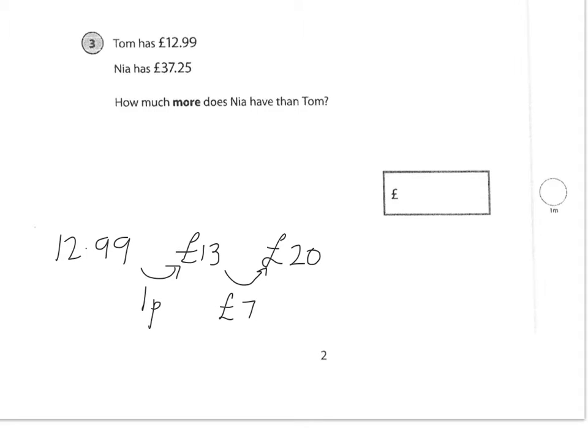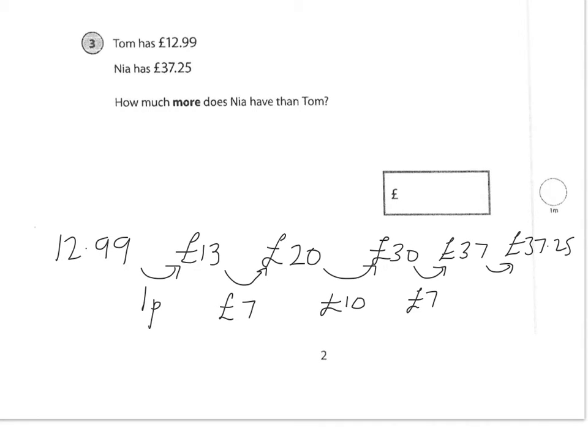If I want to go to a number reasonably close to 37, I probably would go to £30 next. So that's adding on another £10. Then I would go to £37, and that would be adding on another £7. And finally, to get to the desired number, £37.25, I would need to add on 25p.